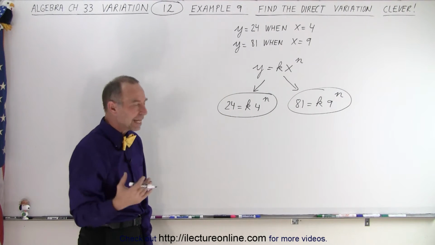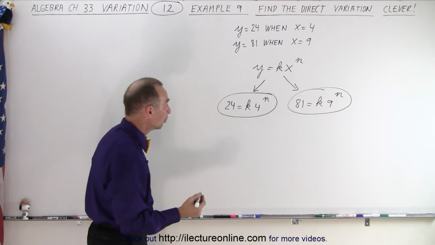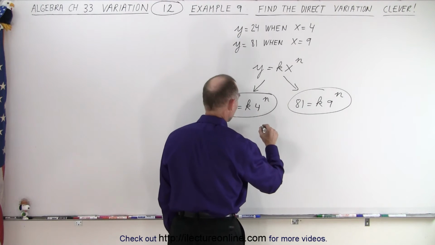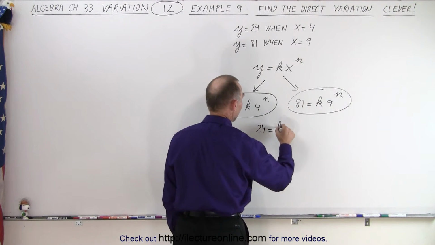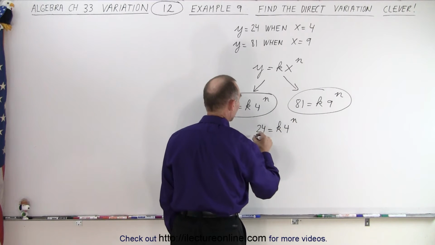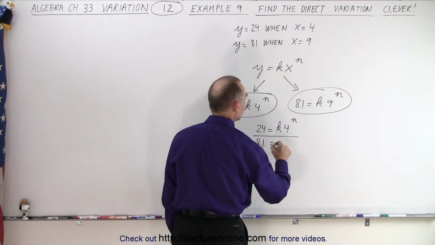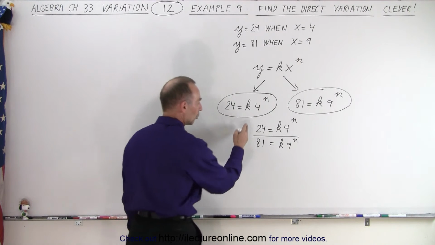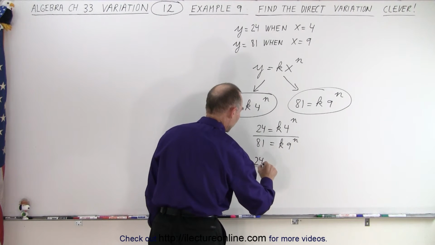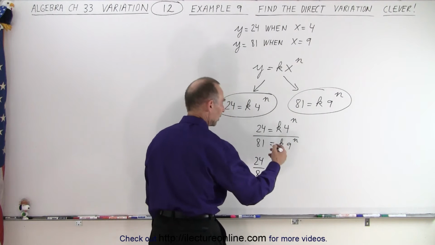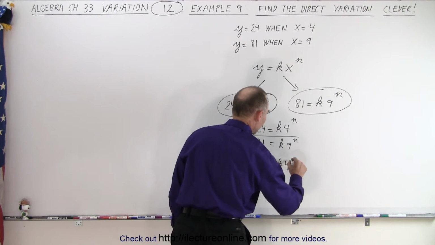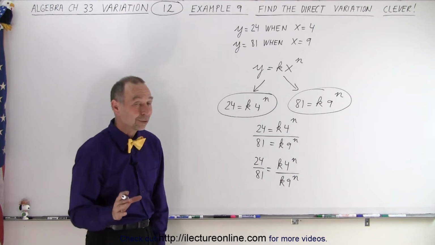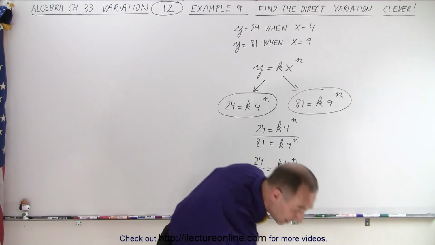Well, we solve that by eliminating one of the unknowns. What we could do is divide one equation by the other. That's a nice mathematical trick to get rid of one of the unknowns. So 24 is equal to k times 4 to the n power, and we divide that by 81, which is equal to k times 9 to the n power. On the right side, I get k times 4 to the n divided by k times 9 to the n, and k cancels out.